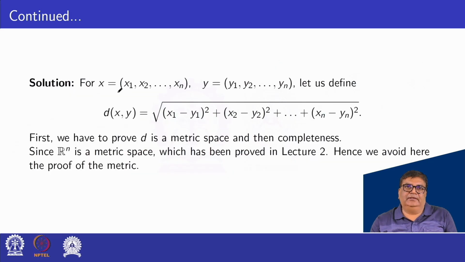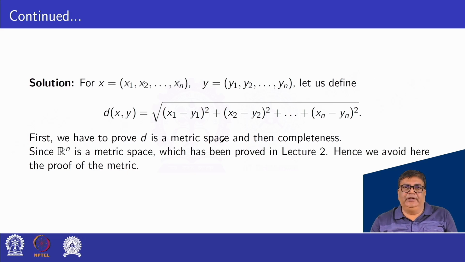Solution: for x = (x1, x2, ..., xn) and y = (y1, y2, ..., yn), let us define d(x,y) = square root of ((x1 − y1)² + (x2 − y2)² + ... + (xn − yn)²).